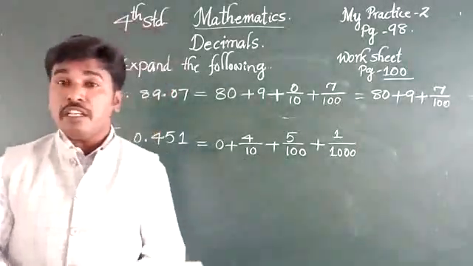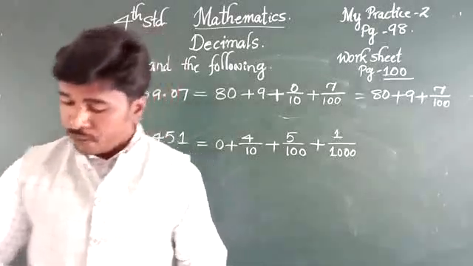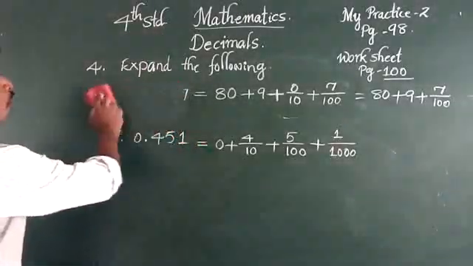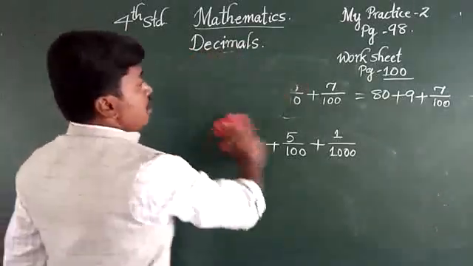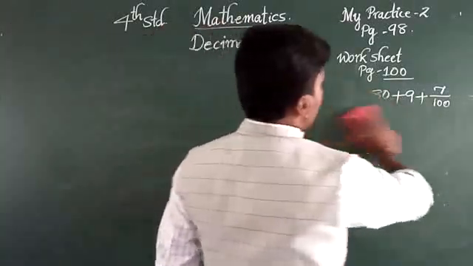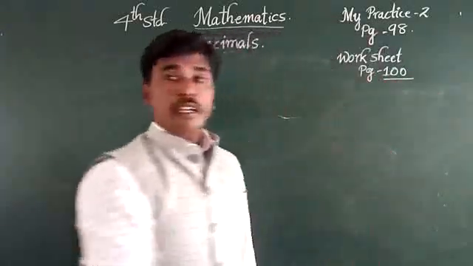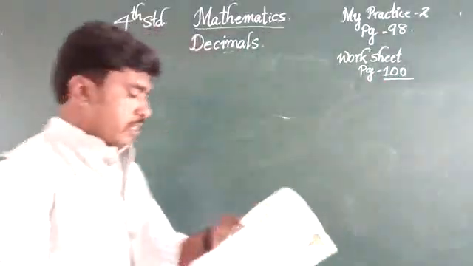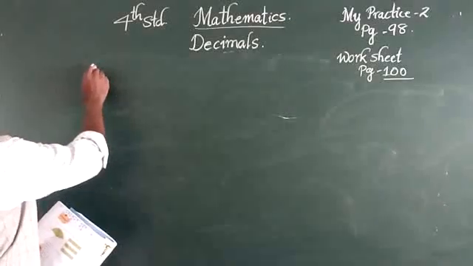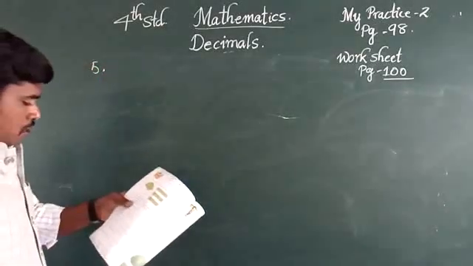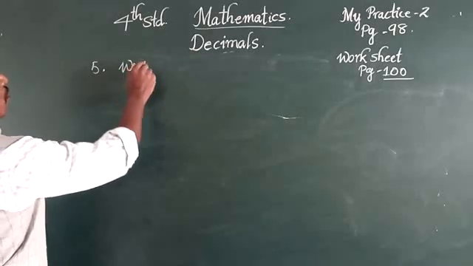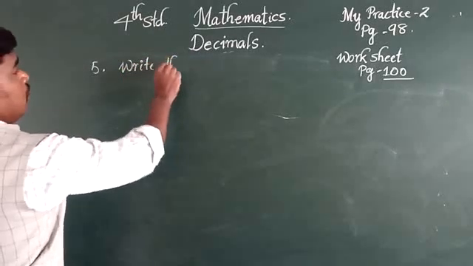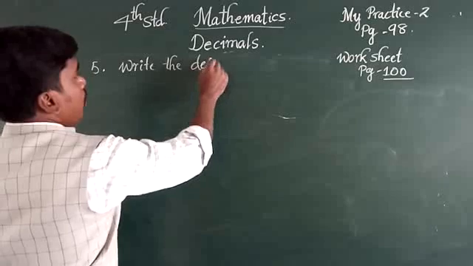Next is write it in the standard form. They have given expanded form. You need to write it in the standard form. Standard form is also called, you should write it in the numerals. That is fifth one, write as decimal number.